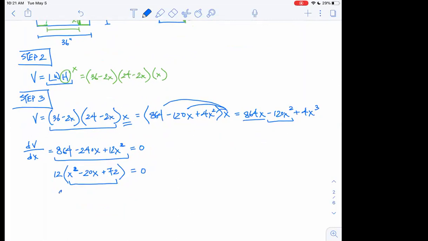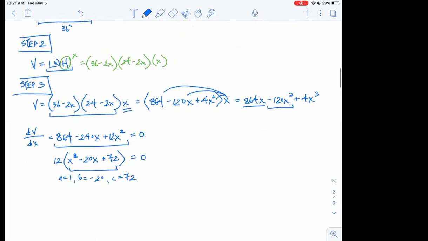My a is 1, my b is negative 20, and my c is 72. All right, so let's solve. x equals negative negative 20 plus or minus the square root of negative 20 squared minus 4 times 1 times 72, all over 2.